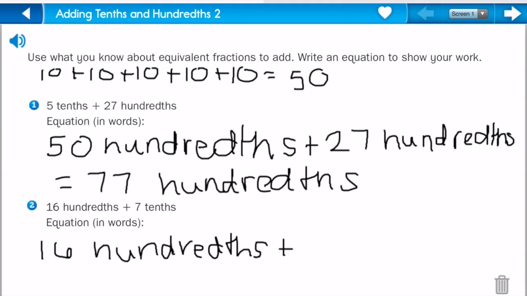So if I do it the same way that I did above, I know that I'm going to get 7 groups of 10. And when I add 7 groups of 10 together, I get 70 hundredths.